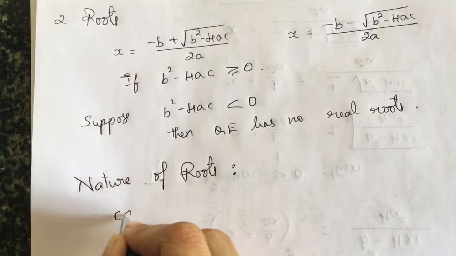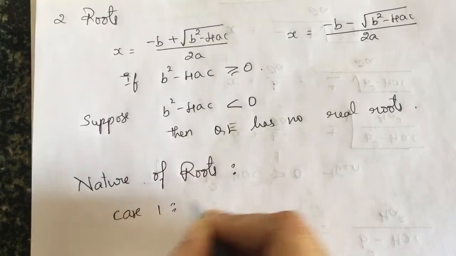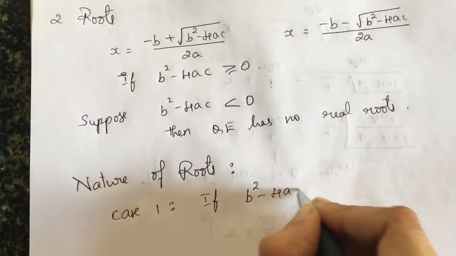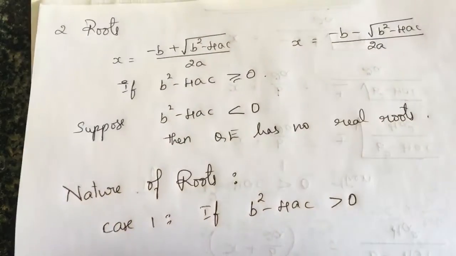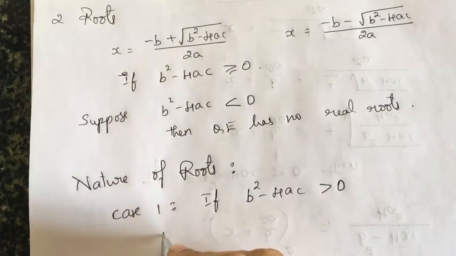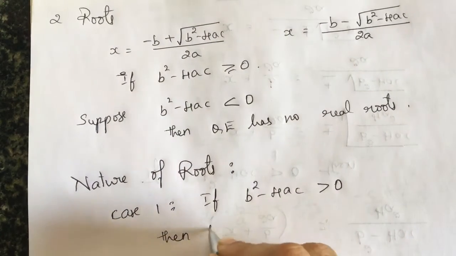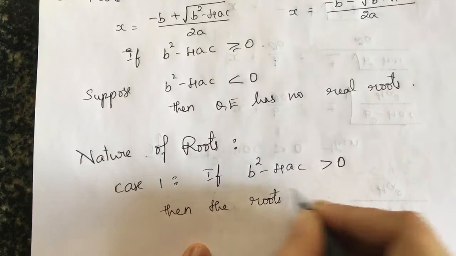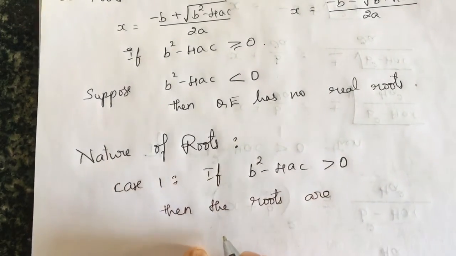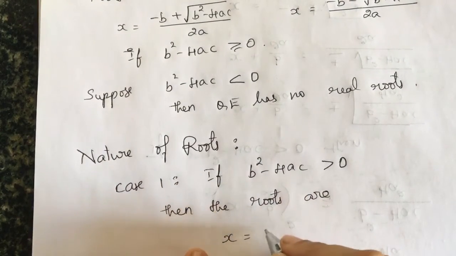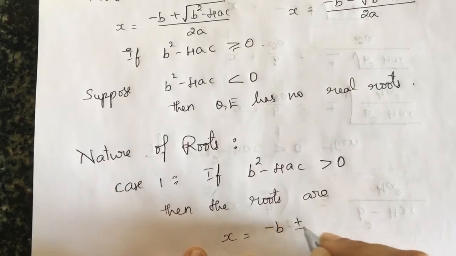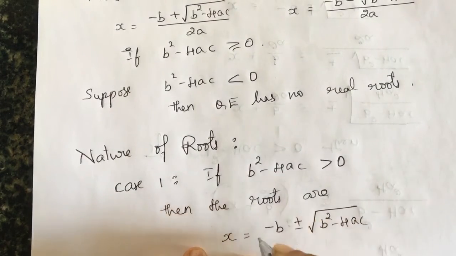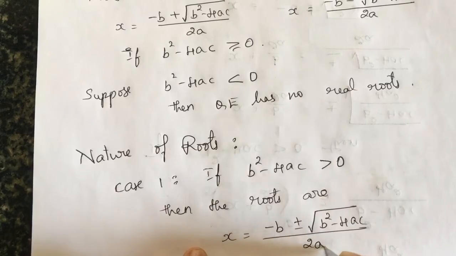Case 1: if you are getting b square minus 4ac as greater than 0, what happens? What are the roots? X equal to, the formula is this, minus b plus or minus root of b square minus 4ac divided by 2a.